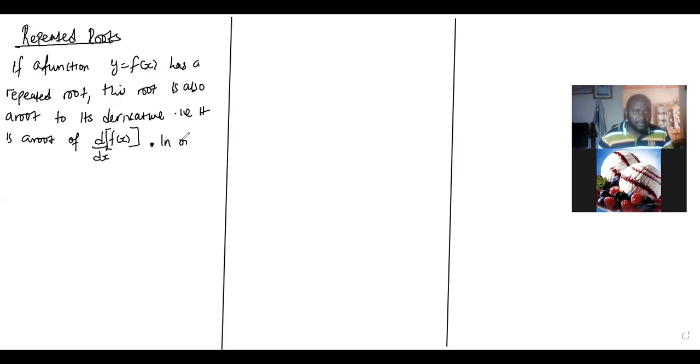In order to find other roots, we make use of polynomials.